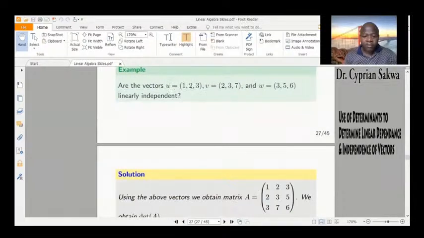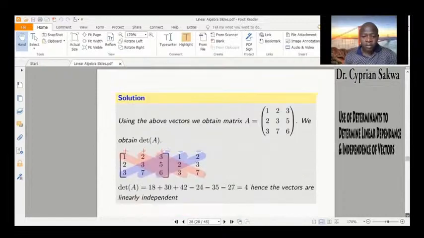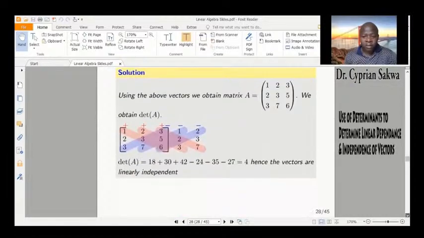This is my first vector, so I make it my first column. My second vector, I make it my second column. My third vector, I make it my third column. Then I want to obtain the determinant of this matrix. There are various ways of obtaining the determinant of a matrix, but I'll show you the easier one, and my assumption is that you know how to get determinants of matrices.